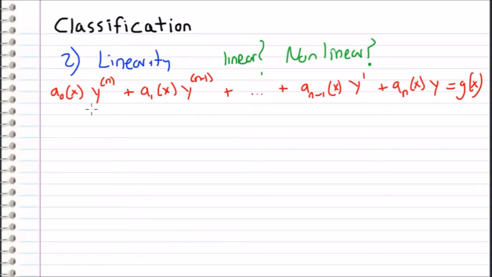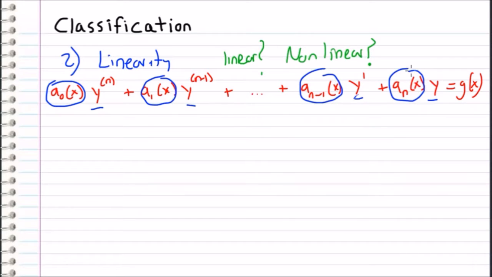Here you can see that we have combinations of all of the derivatives of our unknown function y, and all of the coefficients of these derivatives are functions of x only. And on the right side of the equation, we have a function of x. So if we can write a differential equation of this form, then it is linear.